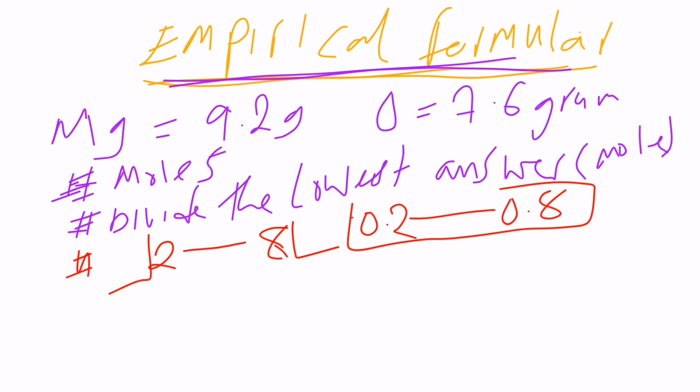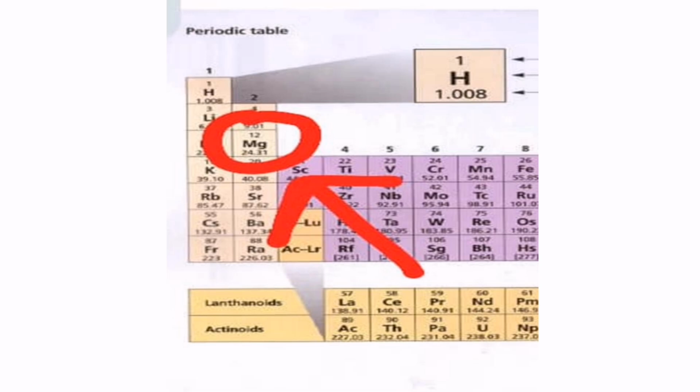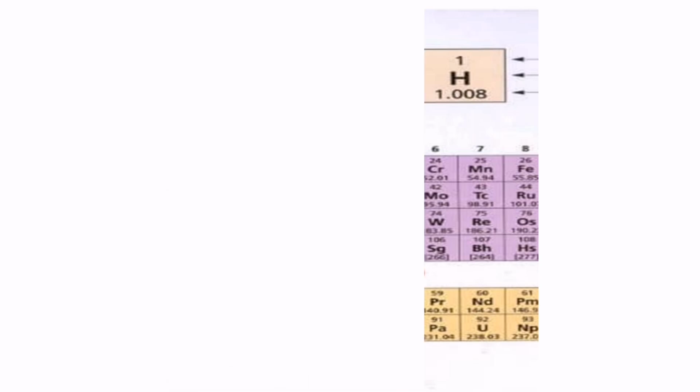Now let's try to answer the same question, which says magnesium is 9.2 grams, then oxygen is 7.6 grams. So the first thing, find the moles.